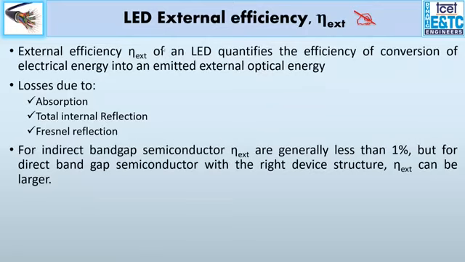Now the external efficiency of an LED quantifies the efficiency of conversion of electrical energy into an emitted optical power. You have your input forward current, that's electrical energy, and an output power emitted out of your device. As I have talked about, eta external is the output optical power divided by the input electrical current.